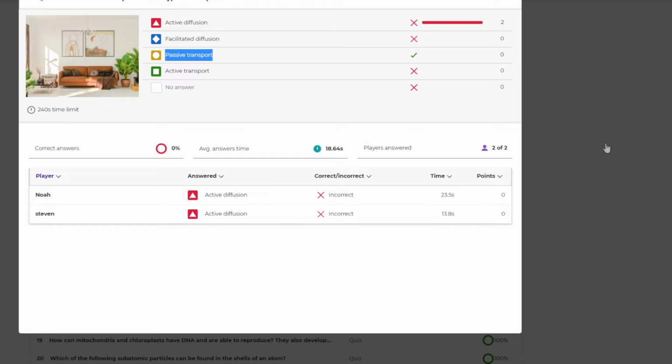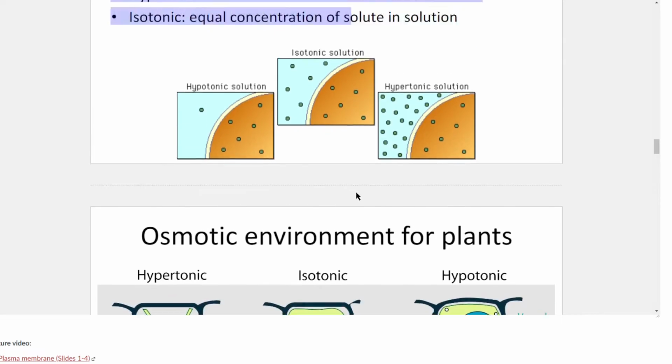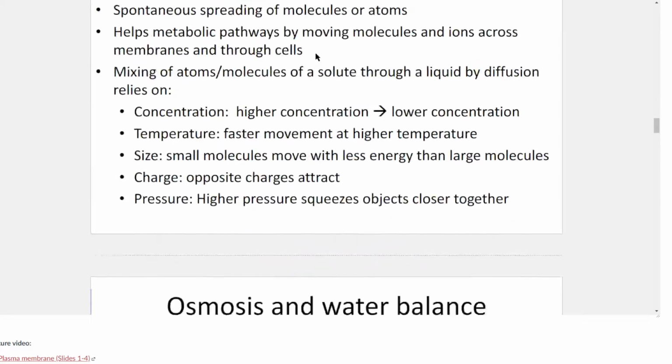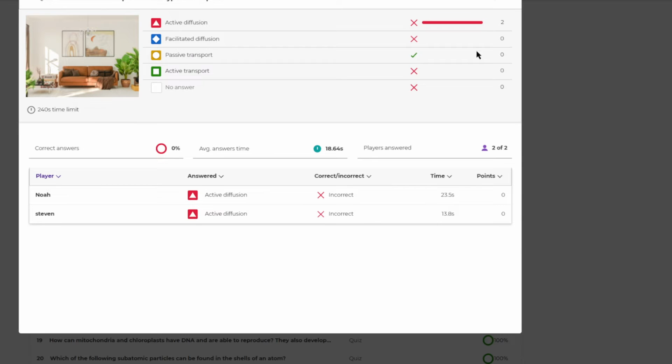So even for you, Steven and Noah, and anybody out there, it's not just these two. Just these two generously came and did this. It is passive transport because, again, it does not require any energy. The water just moves on its own, which is the definition of passive transport. So just remember, this is passive transport.